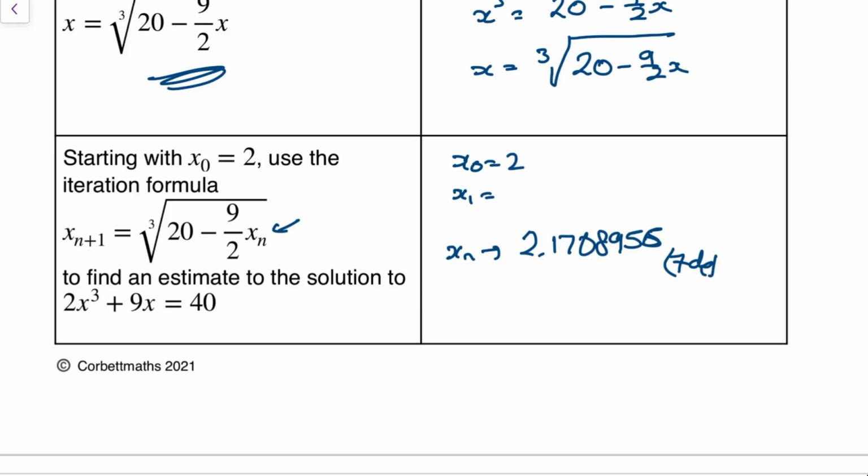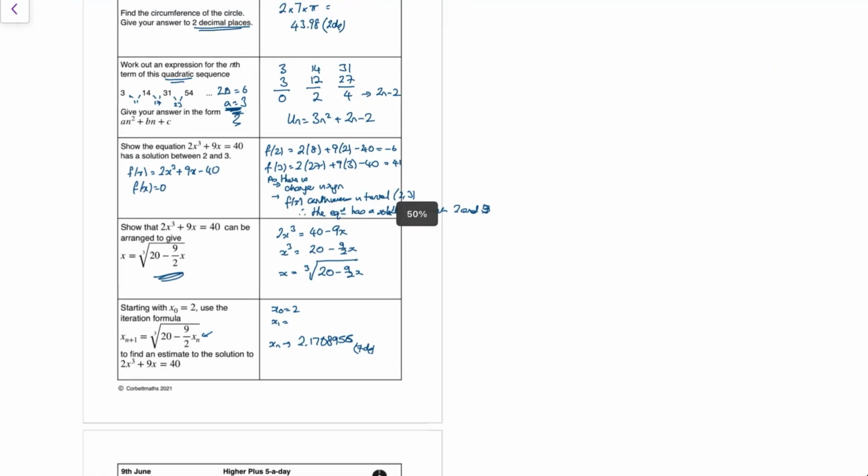Now, in an exam, it may be a bit clearer as to exactly what it wants you to do. But the point is, if I press equals another 100 times, the number's not going to get any better than that. And that is question done.